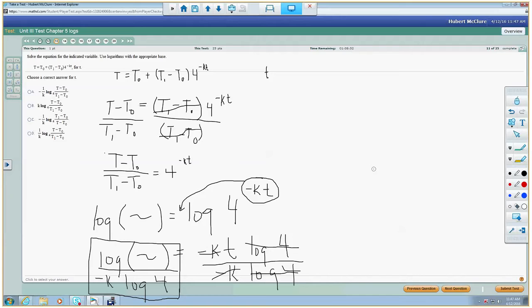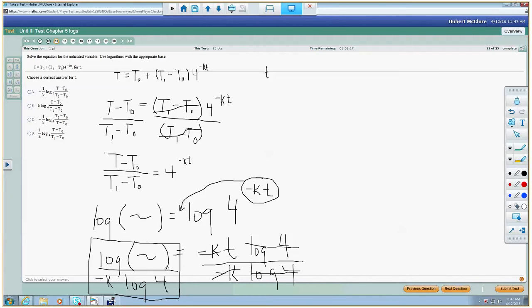C. Well, they wrote it a little bit different. I'm trying to see which one it is. If you brought the log of 4, okay, here it is. If I bring this log of 4 to the negative k power up here, it would be log of 4 to the k power.